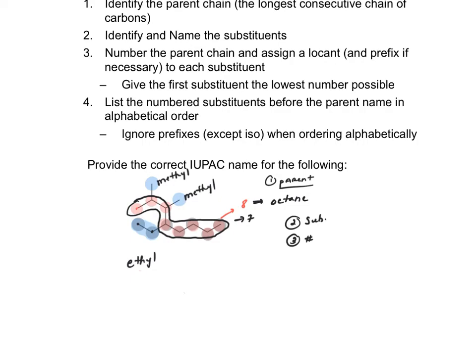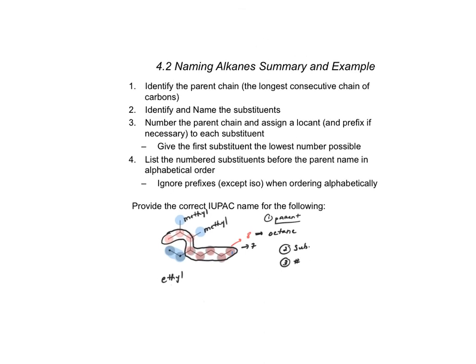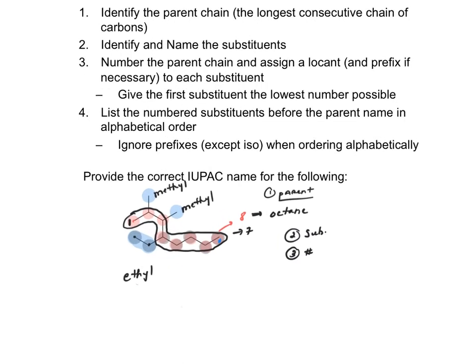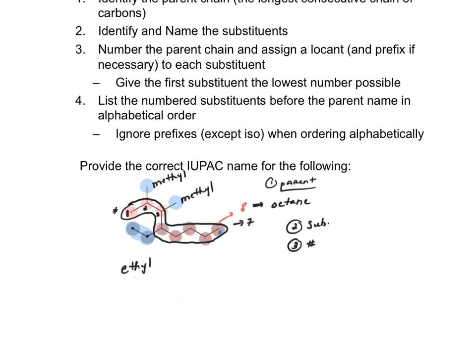I could either start over here at 1, or I could start over here at 1. Okay, so hopefully you guys can see that if I started over here at 1, and then went 2, 3, 4, 5, my first substituent comes at the 5 position, whereas if I start over here at 1, my first substituent comes at the 2 position. So this guy is the correct numbering scheme. We have 1, 2, 3, 4, 5, 6, 7, 8.